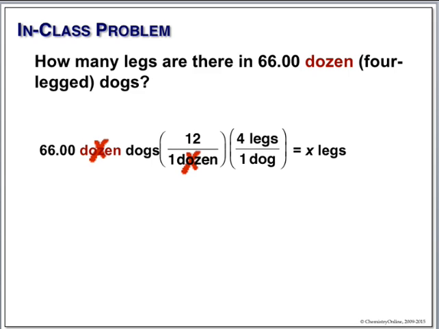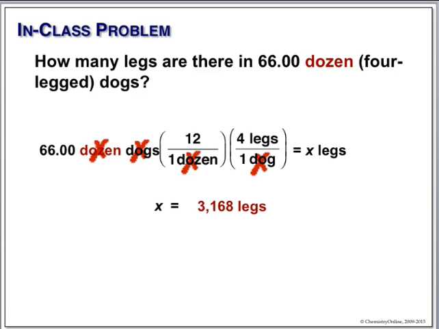And we're left only with legs. Do our simple math, and we have 3,168 legs. Okay? Here was our ratio, 12 in 1 dozen.